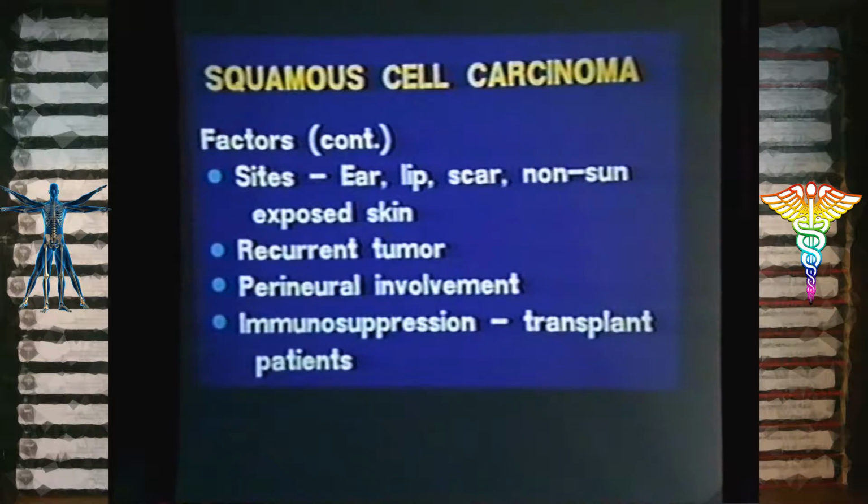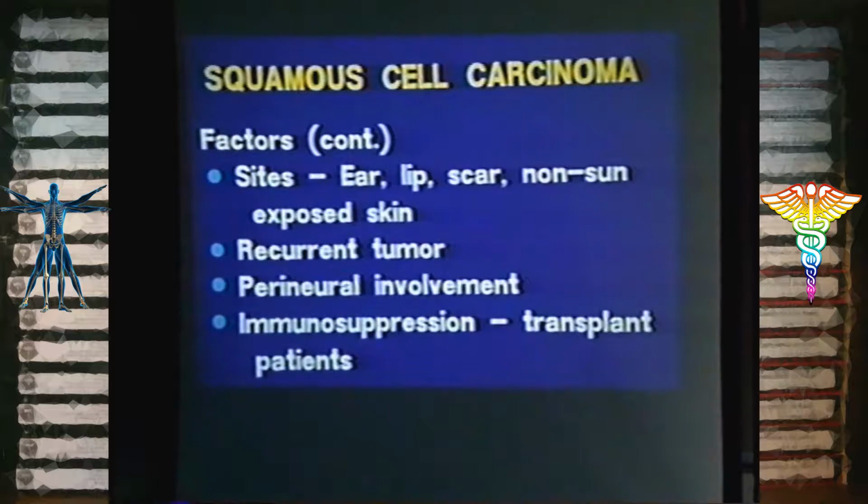If you're not seeing patients that are immunosuppressed, then you have a light clinic, because we're seeing people that are immunosuppressed every day. We see patients in clinic. These are our transplant patients, whether it be heart, lung, liver, kidney. These patients are at risk of developing malignancies of the skin.